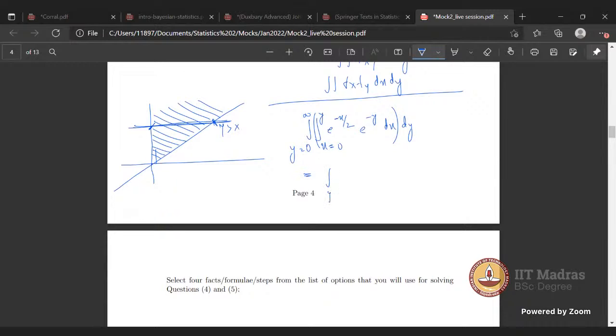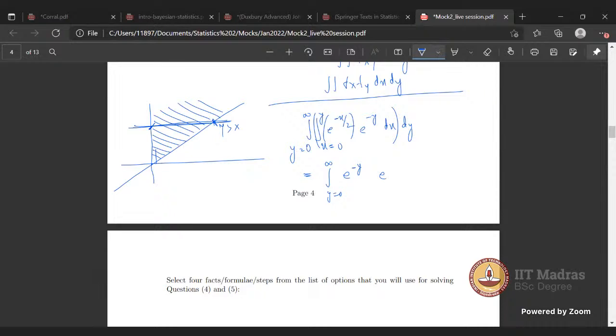If I integrate it, y is 0 to infinity, and let's take this y term outside because first I'm integrating with respect to x. So e to the power minus x by 2. Ma'am, you are integrating y greater than x, so y is taking values from x to infinity.